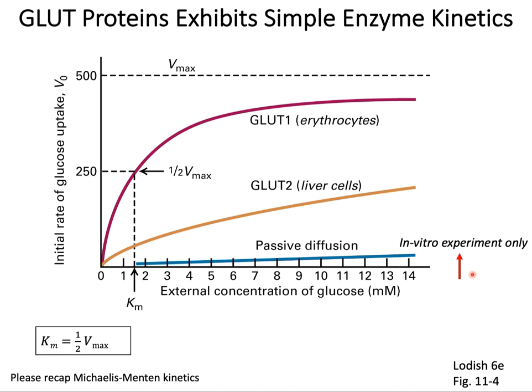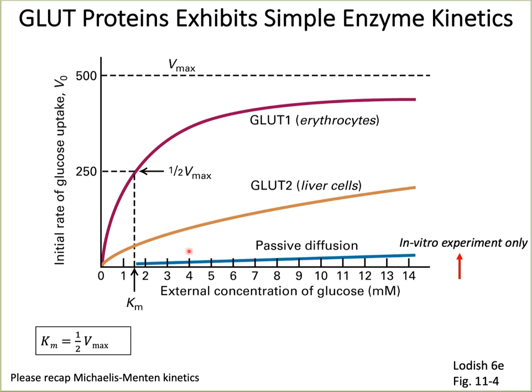The affinity of the transporter for its substrate is the Michaelis constant Km, the concentration of substrate at which it transports half the Vmax. Please note an important correlation. The Km of an enzyme or a transporter here is inversely proportional to its affinity for the substrate. The higher the Km, the lower its affinity, and vice versa.